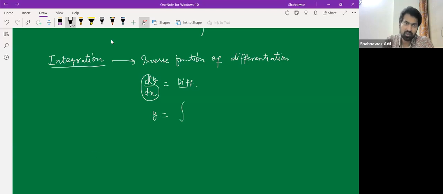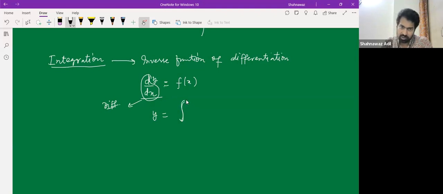Let's say this was some function that you got. When you take this d by dx to the other side, it is differentiation, and when you take it to the right hand side, it changes to this sign.